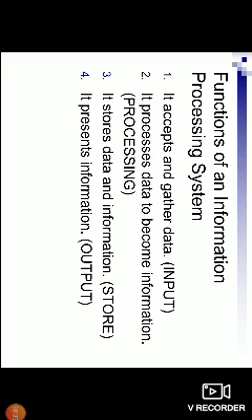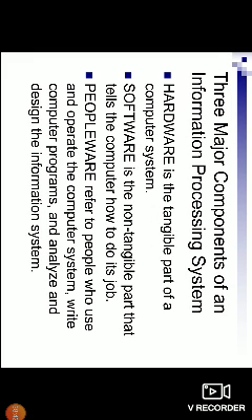The parts of a computer system are the input devices, output devices, and CPU. What are the three major components of an information processing system? The first one is hardware, the second one is software, and the next one is peopleware, that is the user. These are the three major components of an information processing system.